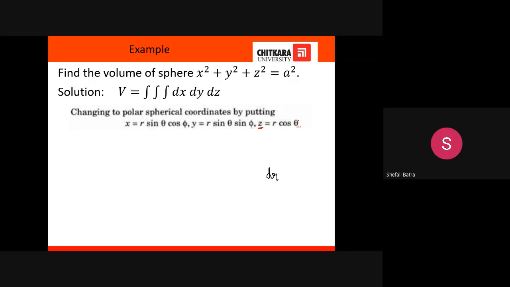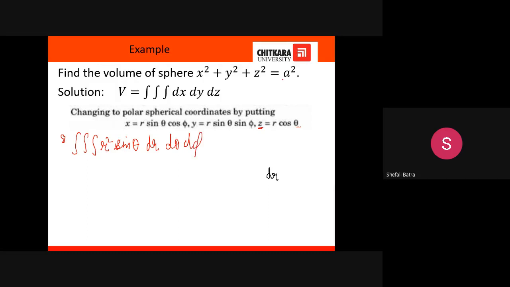If you are taking the first octant, I'll write here 8 into triple integration. We are converting x, y, z into r, theta and phi, so we'll put here the Jacobian r square sine theta. Why theta? Because here the angle is theta. Then dr, d theta, d phi, right?